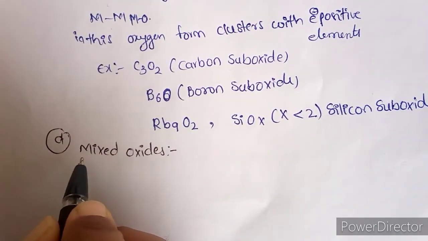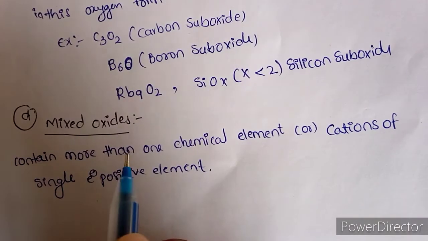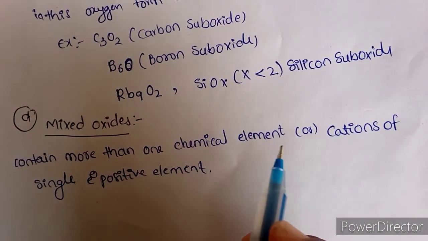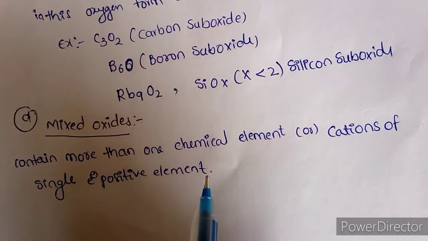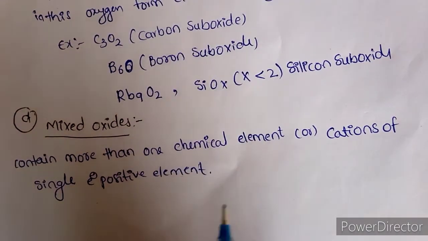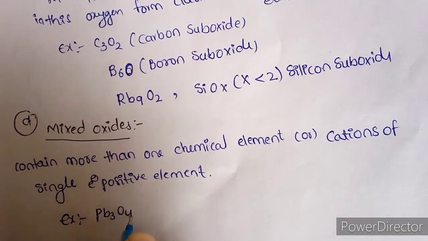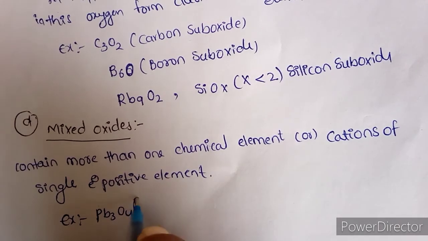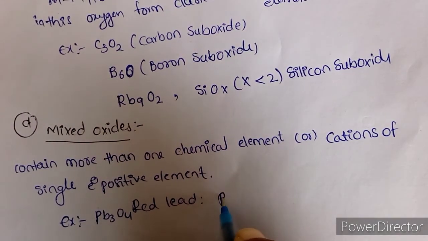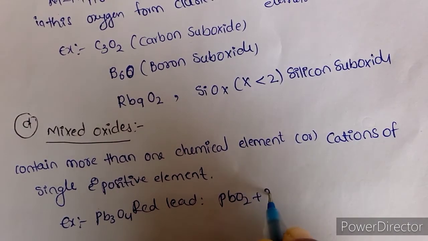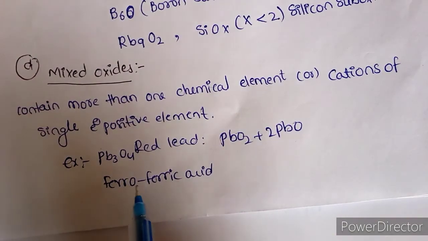Next we will see mixed oxides. A mixed oxide contains more than one chemical element or cations of a single electropositive element. Example, Pb3O4. It is called red lead. It gives lead oxides, PbO2 and PbO.